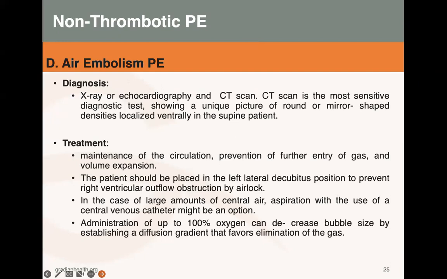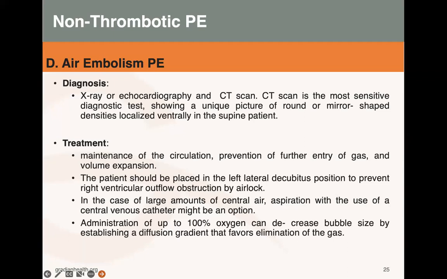So, diagnosis of air embolism. An X-ray, echocardiogram, and CT scan can be done, but CT scan is the most sensitive diagnostic test, showing a unique picture of round or mirror-shaped densities localized ventrally in a supine patient. The treatment for air embolism is, first, maintenance of circulation, prevention of further entry of gas, and volume expansion.